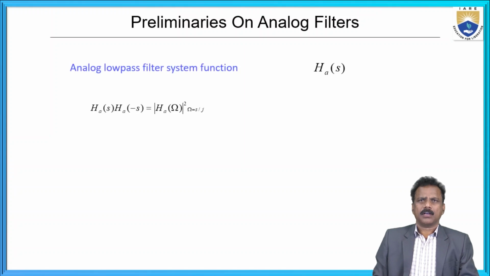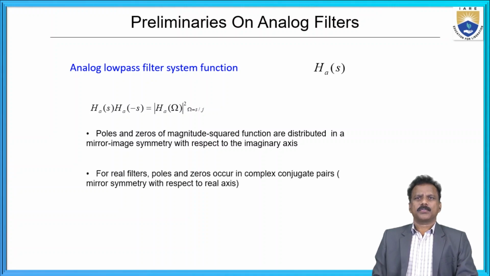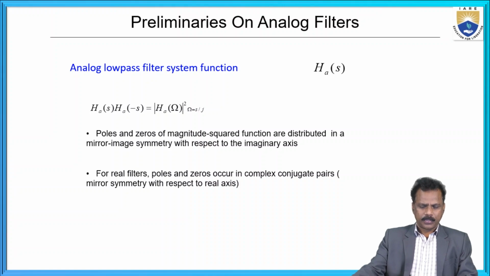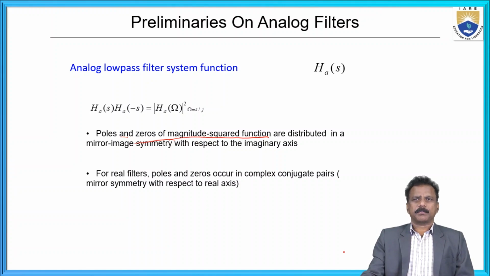Next is the system function Ha(s), where Ha(s) times Ha(minus s) is equal to the magnitude squared, Ha of omega squared, with s equal to j omega. Here the poles and zeros of the magnitude squared function are distributed in mirror image symmetry with respect to the imaginary axis.